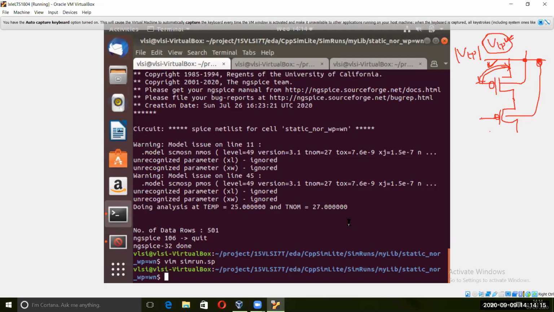But for this other transistor, what will the VTP be? The threshold voltage of this transistor, in magnitude, will it increase or decrease? Because you know VSB, this is your body, this is your source.